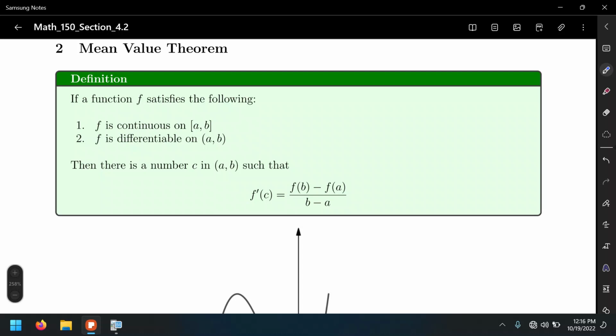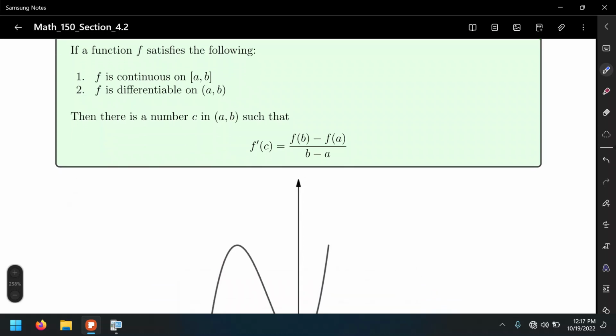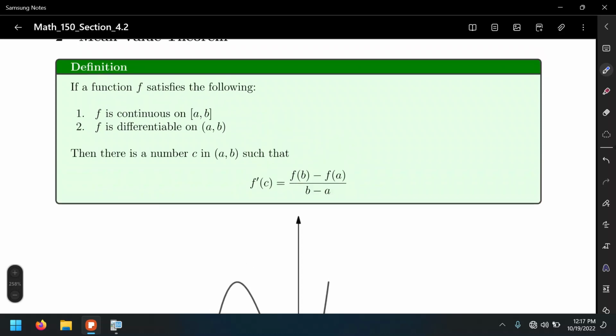However, the mean value theorem extends this to find points where the slope of the tangent equals the slope of the secant. Typically I call this where algebra meets calculus, because the slope of the tangent we get using calculus equals the slope of the secant, which we get using algebra.